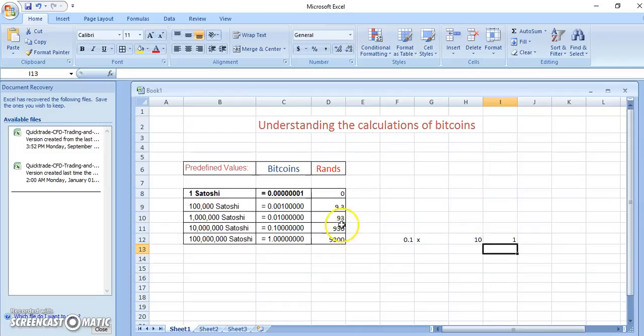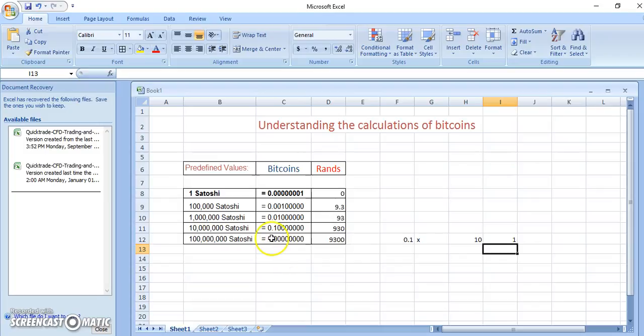So this shows you that you can actually buy a piece of a Bitcoin, meaning you can buy a 0.01 piece for 93 rands. You can also buy a 0.001 for 9 rand 30 cents. That's how small you can buy. You don't necessarily need to buy a full Bitcoin, you can always break it down to a smaller piece.